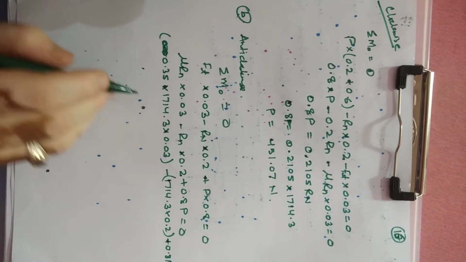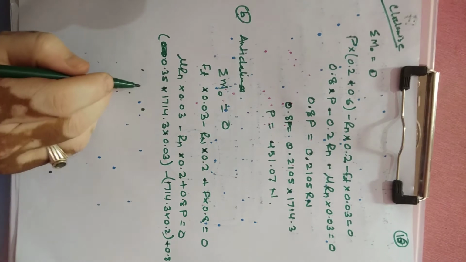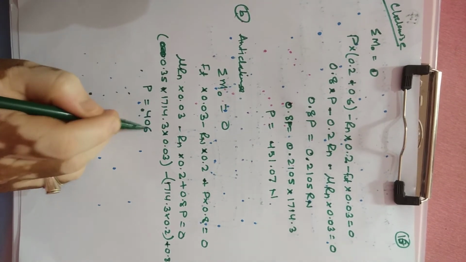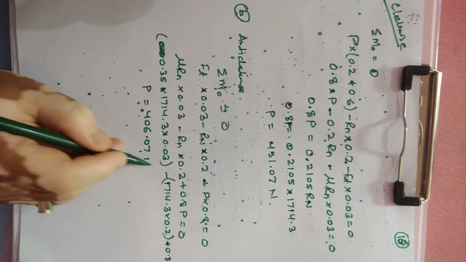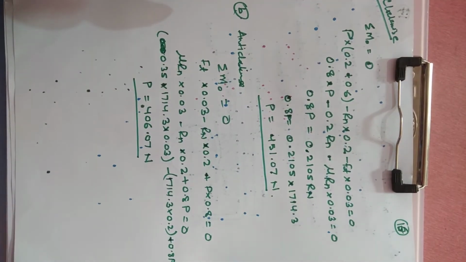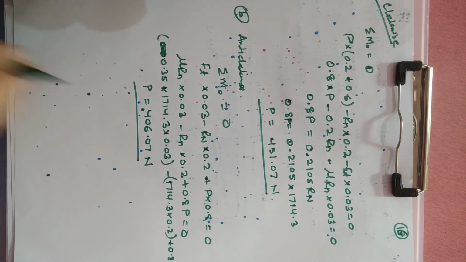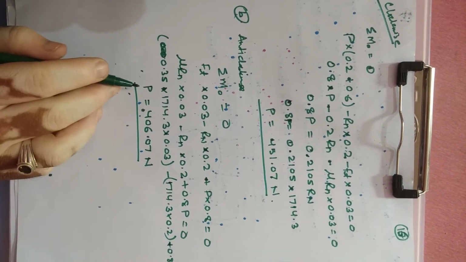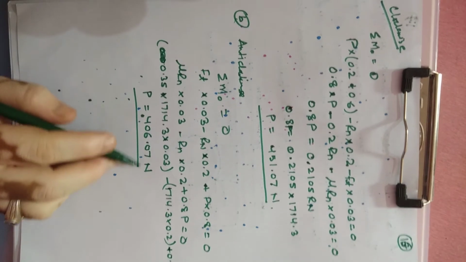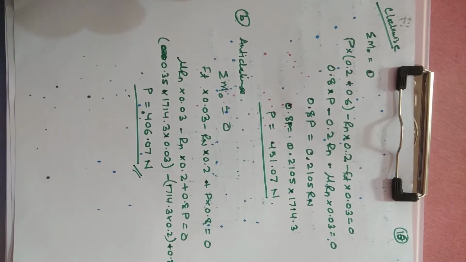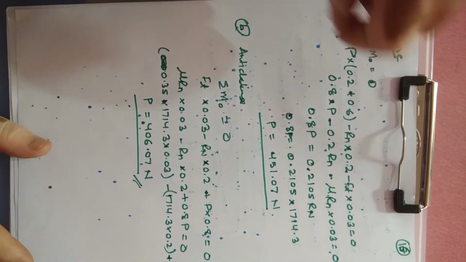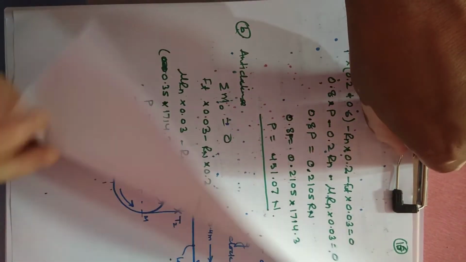Okay, now when we calculate the value of P, P is equal to 406.07 Newton. So here the value of P is 451.07 for clockwise, and for anti-clockwise rotation the value of P will be 406.07 Newton. So in this way we can solve our problems.